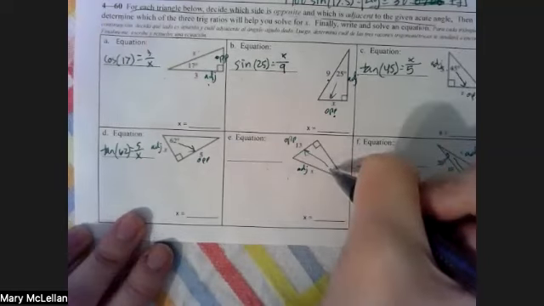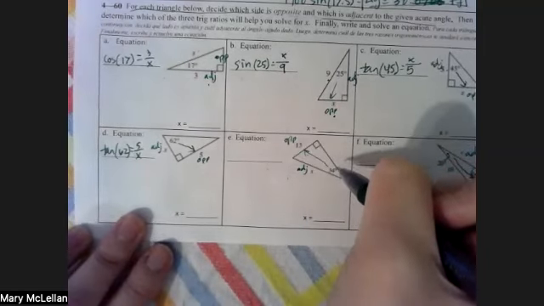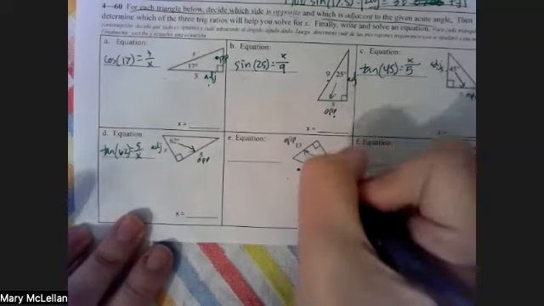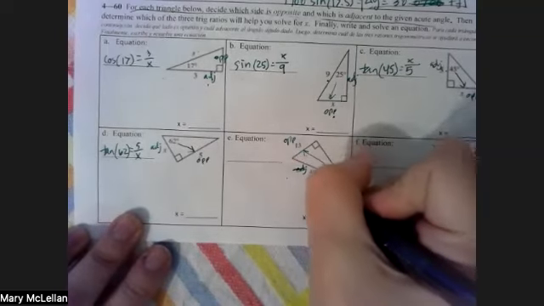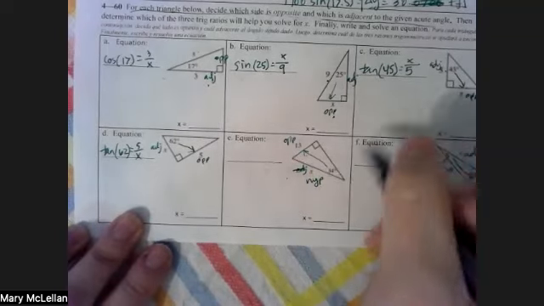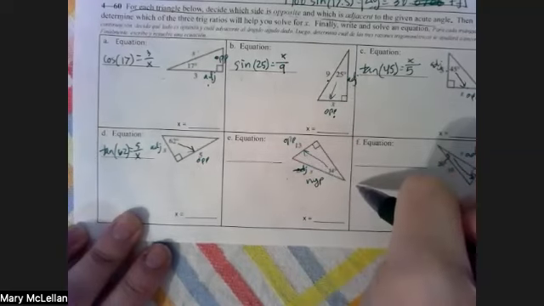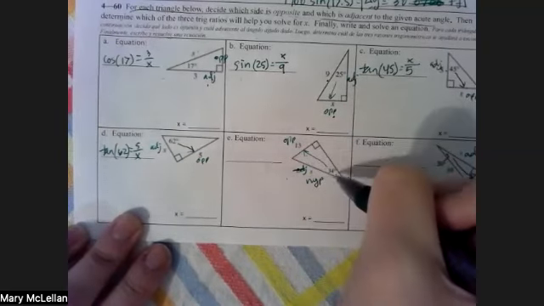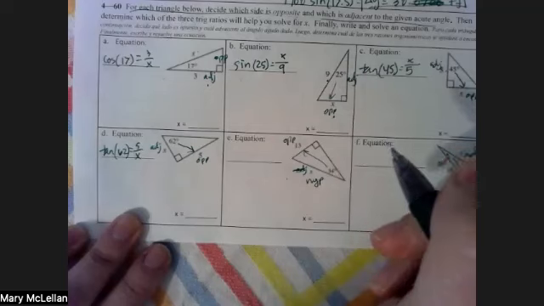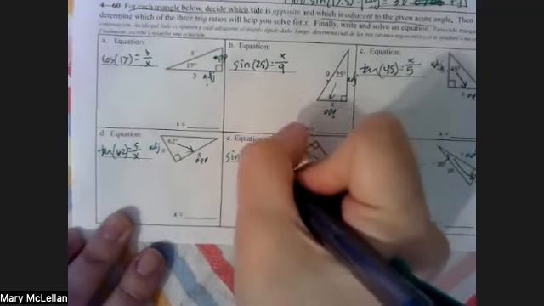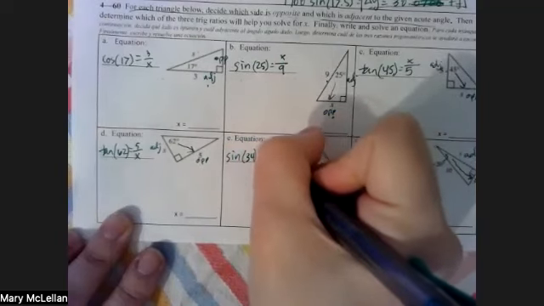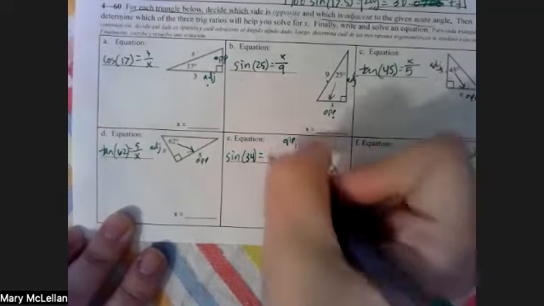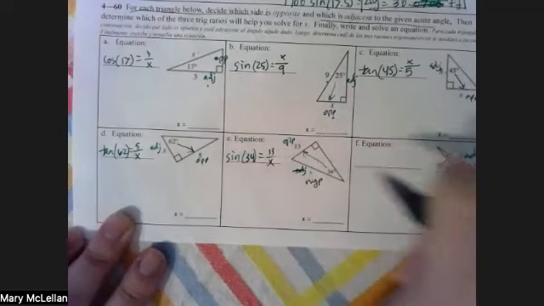Oh, I mislabeled this one. Oops. This is opposite and hypotenuse, not opposite and adjacent. It's hypotenuse because that's the longest side. So I have opposite and hypotenuse, meaning I'll be doing sine. So sine of 34 is equal to 13 over x.